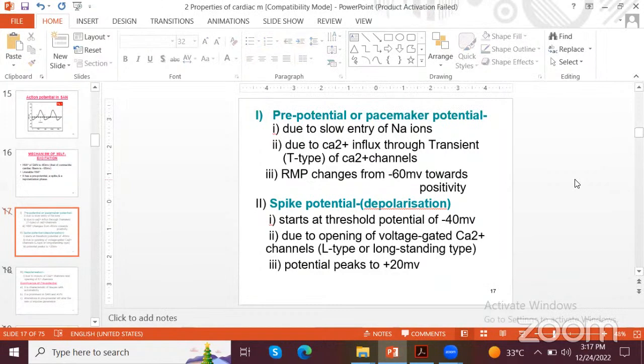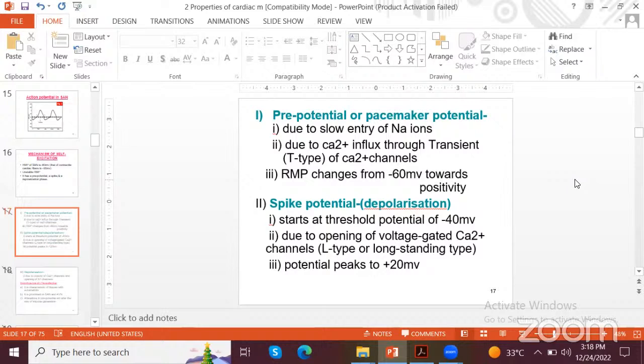The prepotential or pacemaker potential is due to the slow entry of sodium ions and the calcium influx through transient or T-type calcium channels. And that's why the RMP is very unstable. It changes from minus 60 millivolt towards positivity.